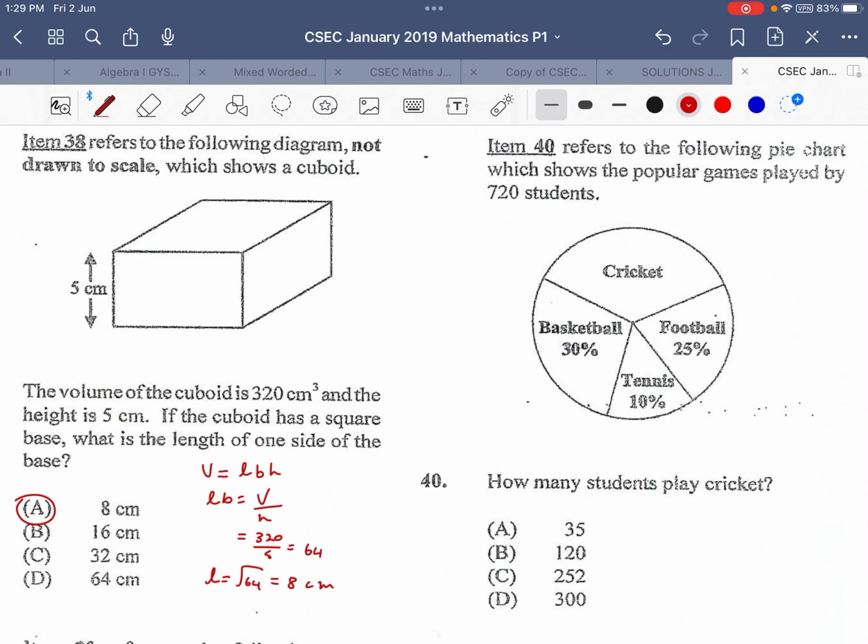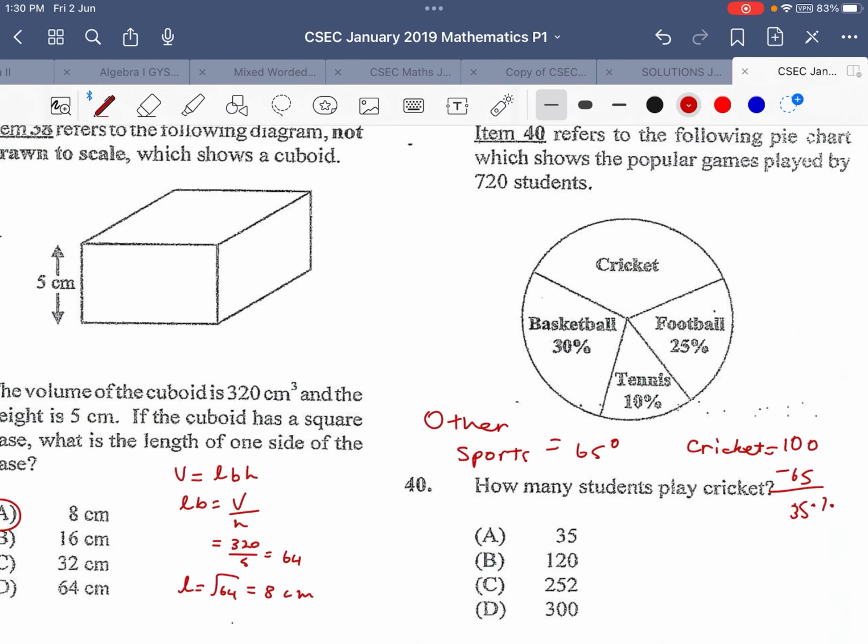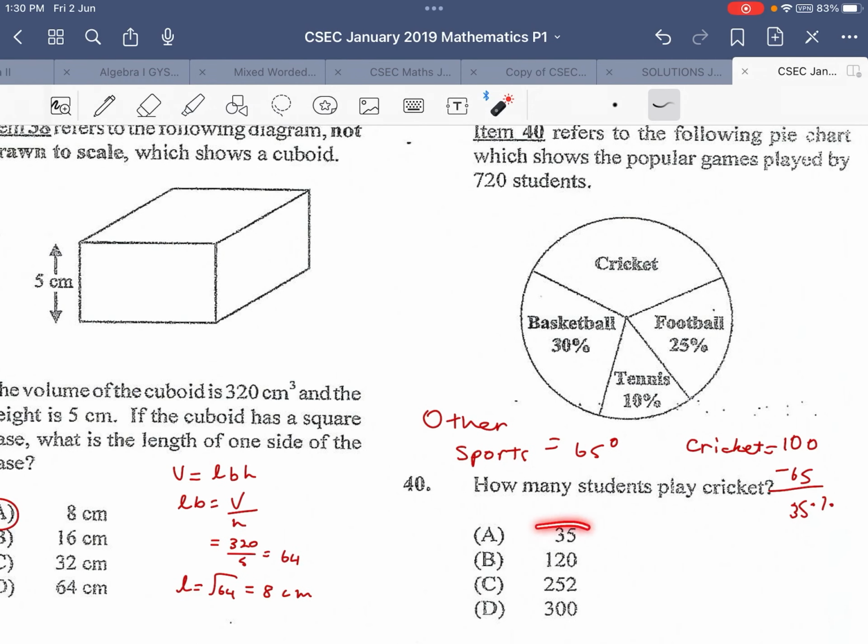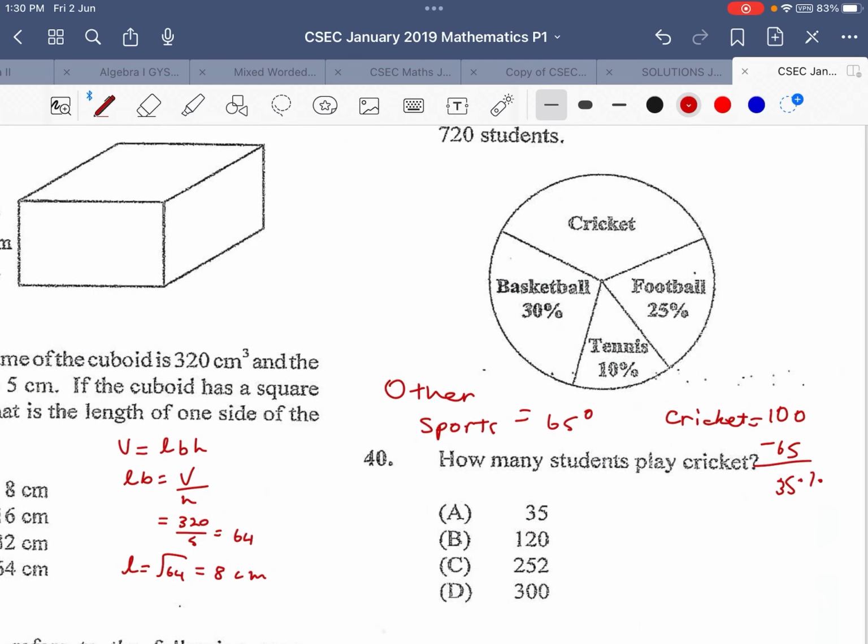Right? So other sports would be 65%, which means that cricket would be 100% minus 65, which is 35%. Right? And again, the number 35 is here to trip you up. Do not fall for it.